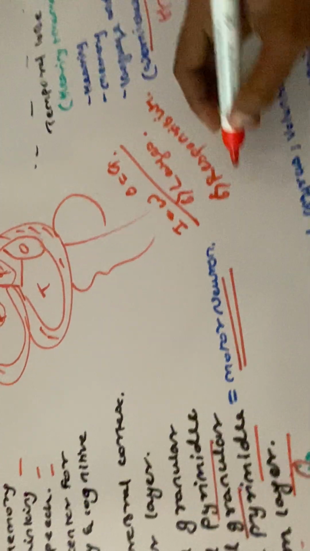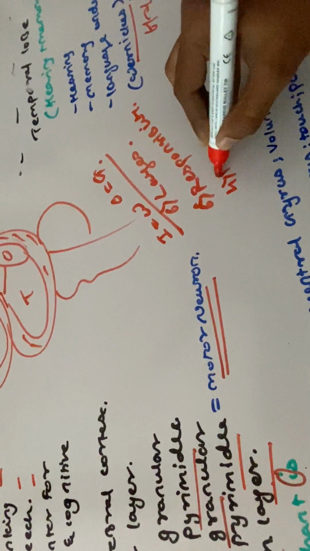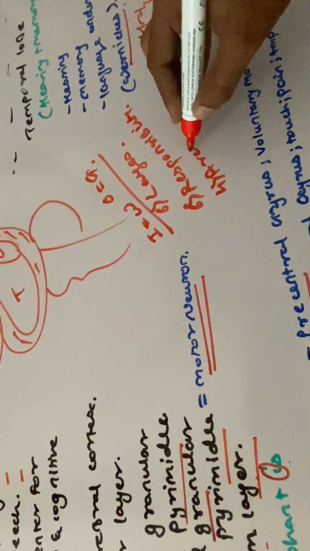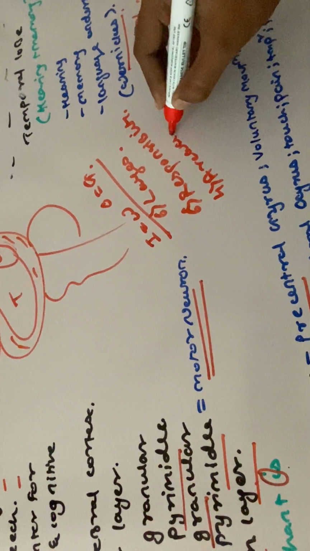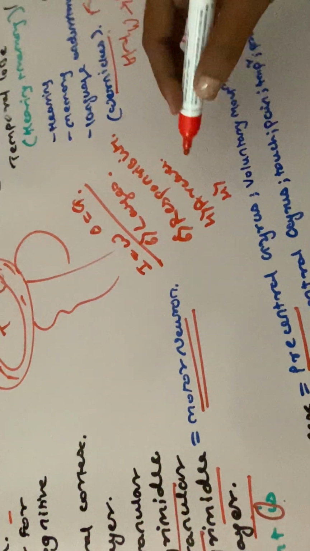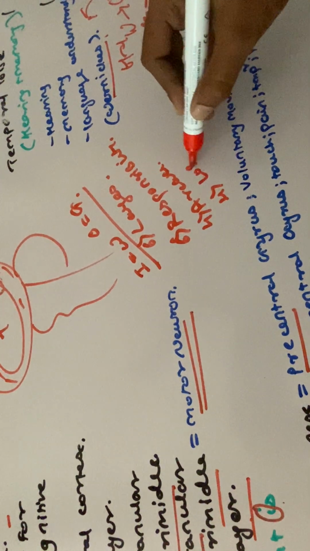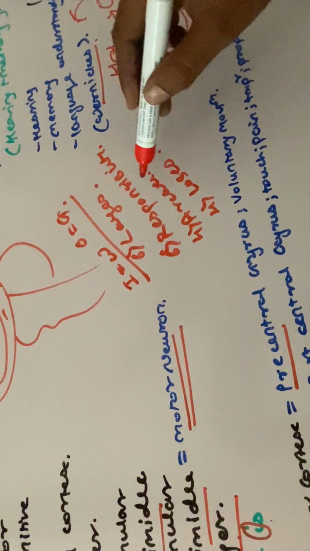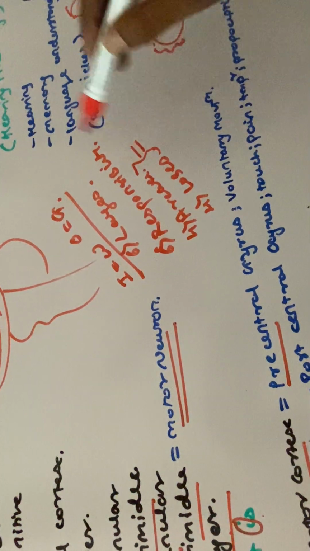It has 4 areas and 4 lobes. We can consider areas and lobes same.